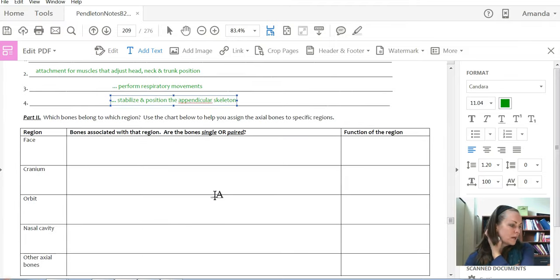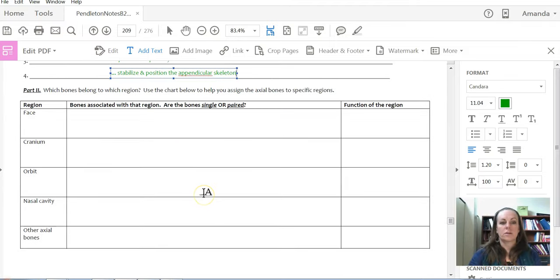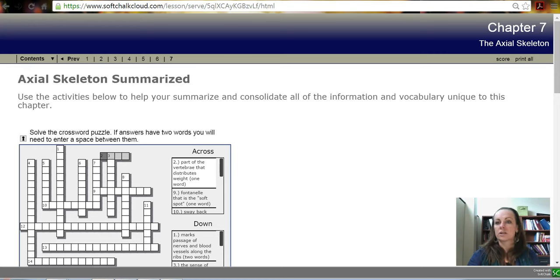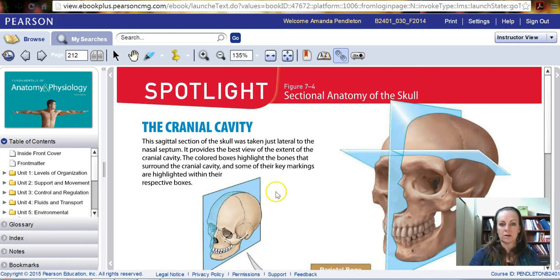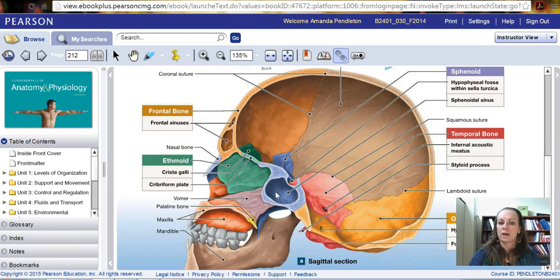Now, what I would suggest that you now do is you think about what are the bones that are associated with each of these regions. So first what I do is I start off with cranium, and there's actually a very good image in your textbook here, okay, on page 212.